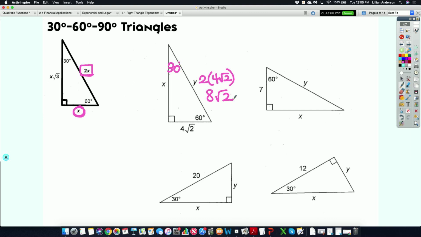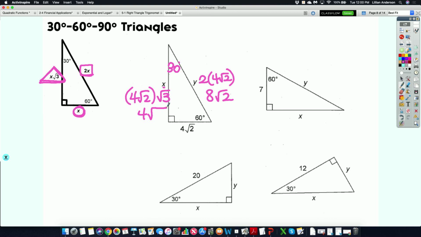Now this side over here corresponds to this one. Okay? So then that, I'm just taking my shorter side and multiplying it by the square root of 3. The 4 square root of 2 is going to get multiplied by the square root of 3. Now when I multiply like this, what does this become? 4 square root of 6, because you're multiplying.